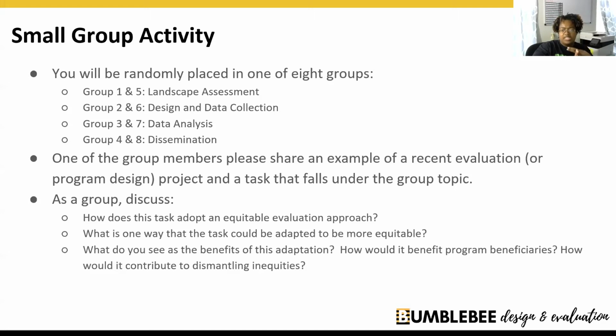What is one way that the task could be adapted to be more equitable? What do you see as the benefits of the adaptation, and how will it benefit program beneficiaries as well as contributing to dismantling inequities?